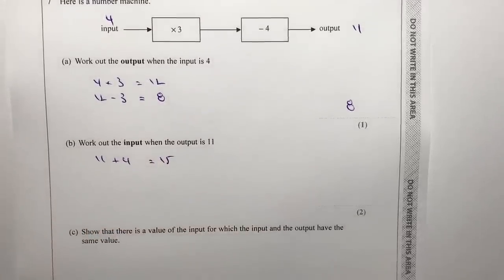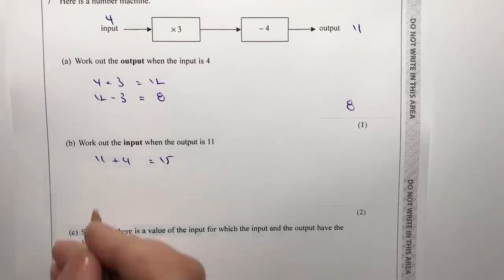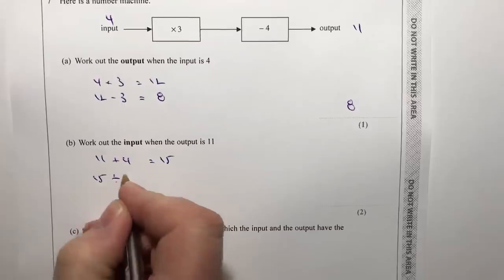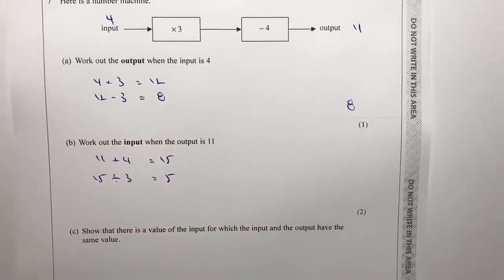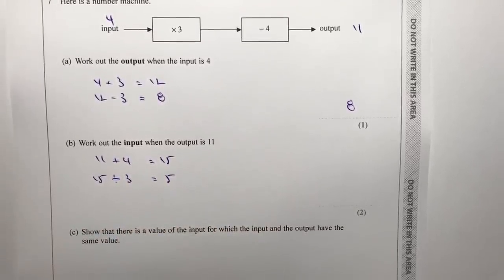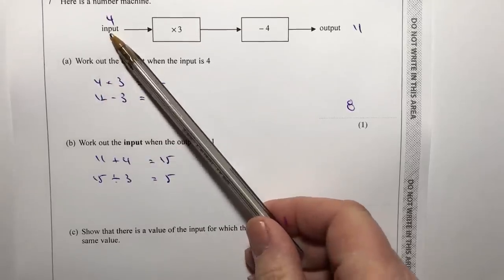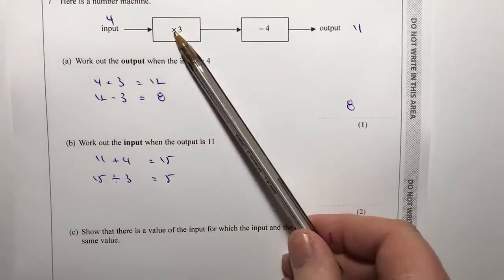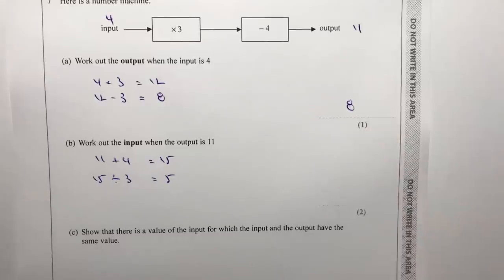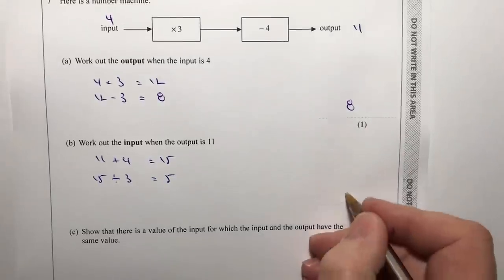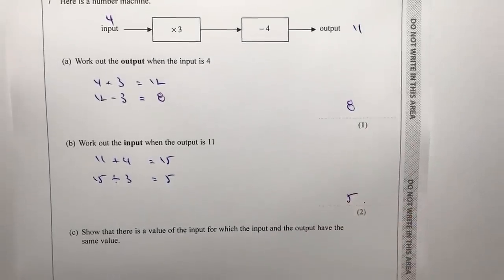And then rather than multiply by 3, I'm going to divide by 3. So I'm going to do the opposite each time, which means that the input must have been 5. And if you want to check that, you could just work it through. So 5 times 3 is 15, minus 4 is going to give you an output of 11. Okay, so that's going to give you an input of 5.